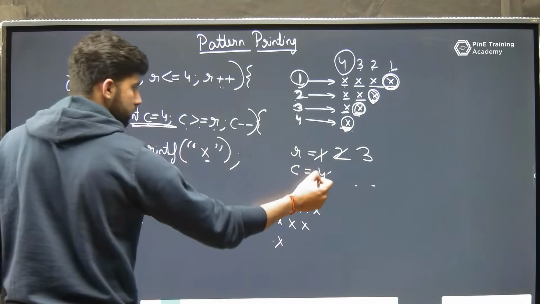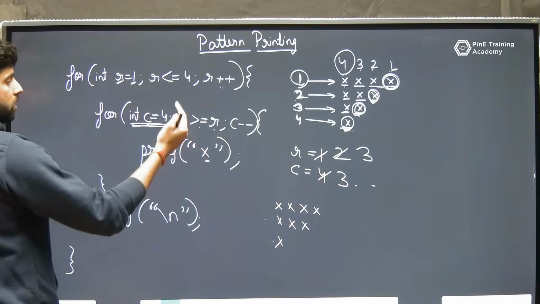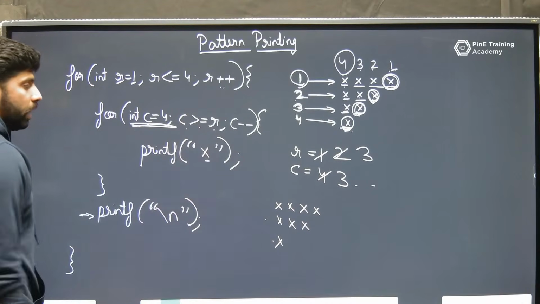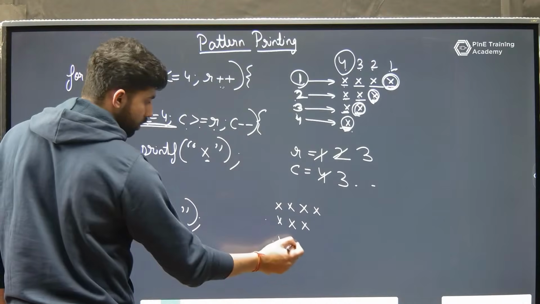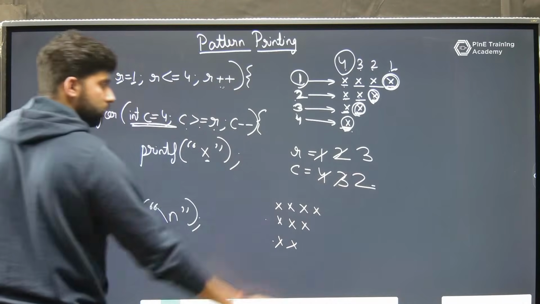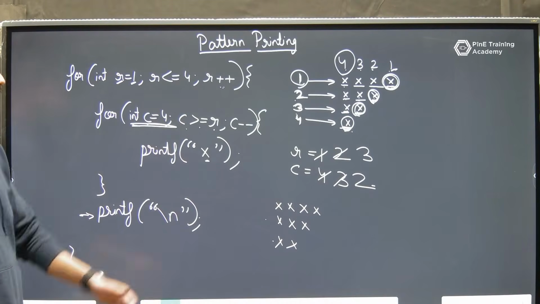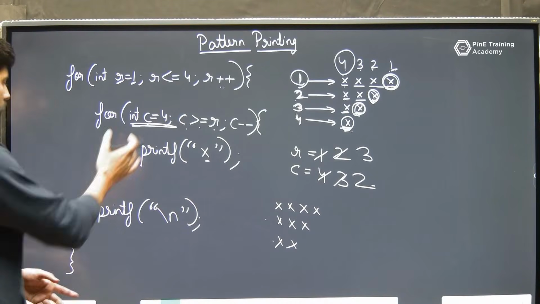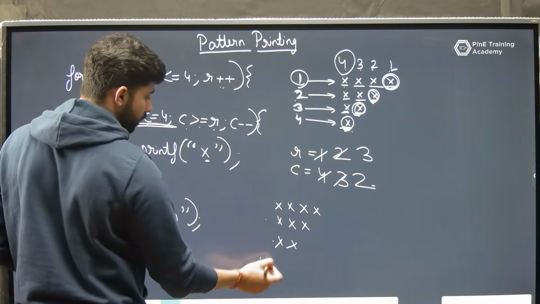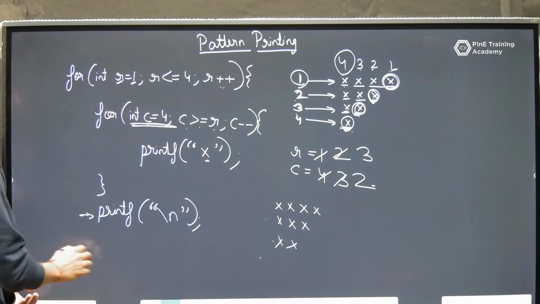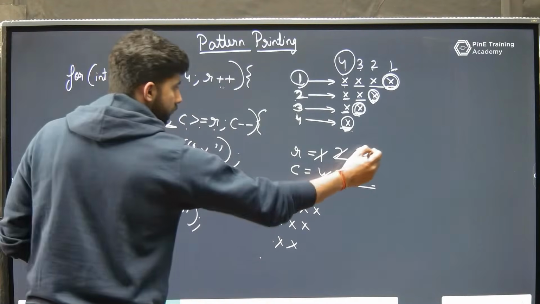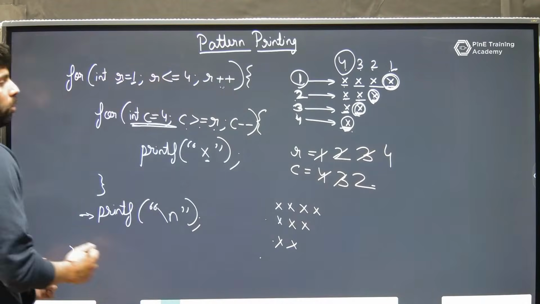C minus minus. Is 3 greater than equals to 3? Condition is true. C minus minus. Is 2 greater than equals to 3? No, it's not. We will come out of the loop and we will move to next line. At last we have r equals to 4.